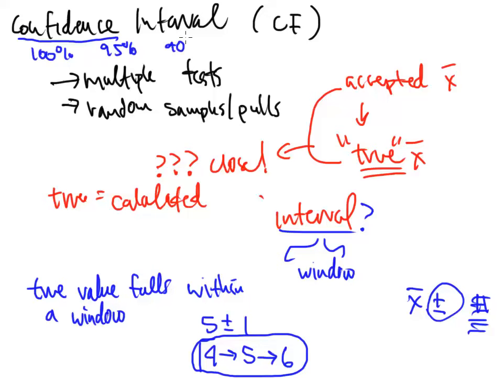Are you 90% sure that it falls within this window or this range, 4 to 6? No? We can keep going lower. We can keep going higher. That's the term confidence. How confident are you that your true average, if you had to calculate one, falls within this window that you are providing?